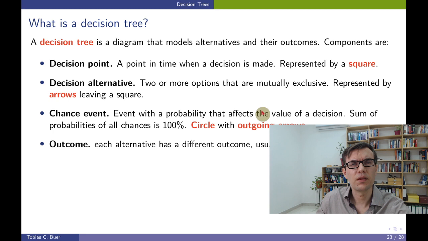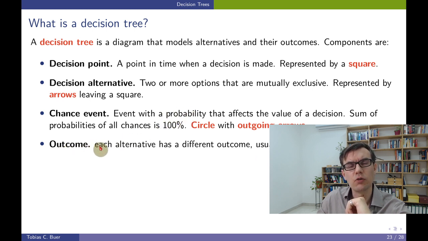In our capacity example, the probability could be the future demand. For example, we have a probability of 70% of a low future demand and a probability of 30% of a high future demand. Together, that's 100%.